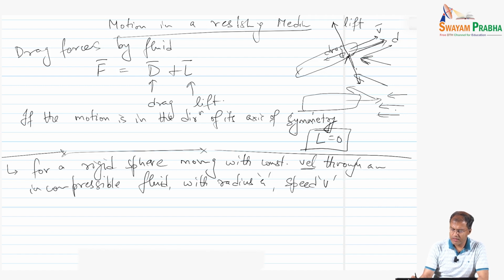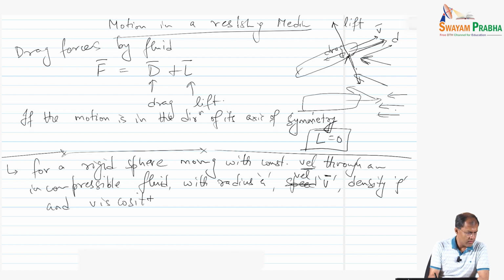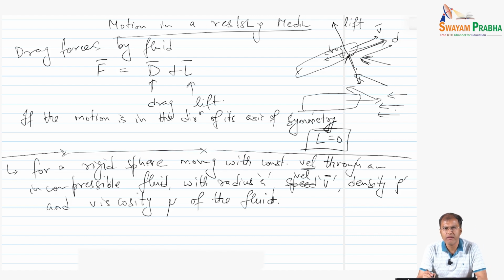Well, I should just say velocity v, because we are talking about general velocities, with direction. And the density of the fluid is, let's say, rho, and the viscosity is mu of the fluid, right? So these are the various parameters in fluid dynamics.